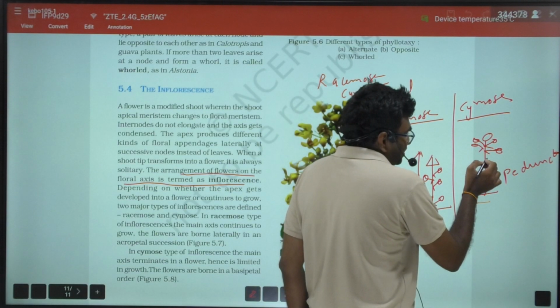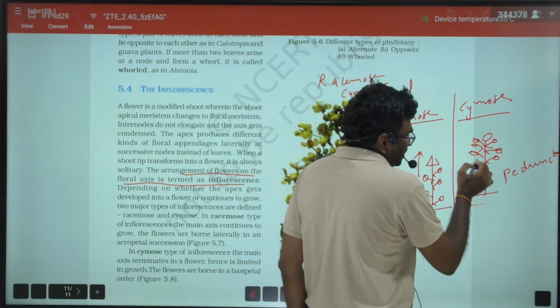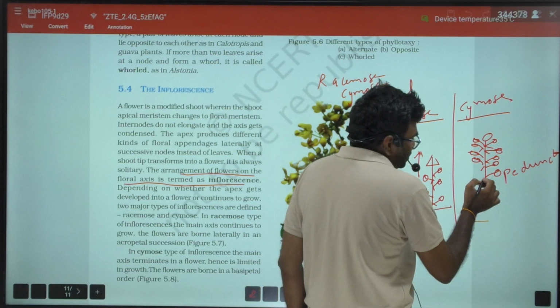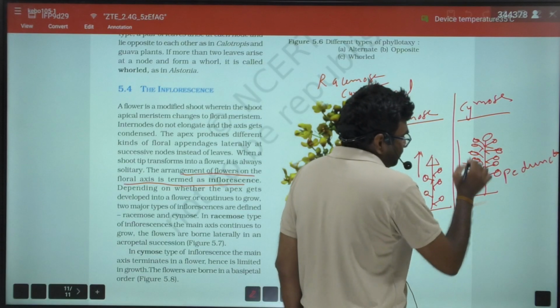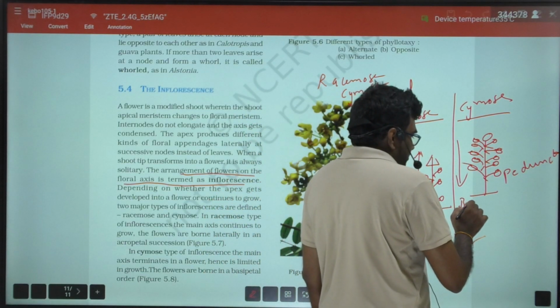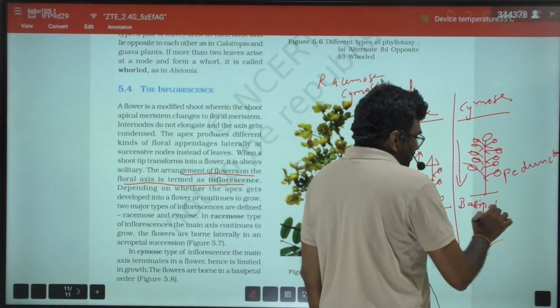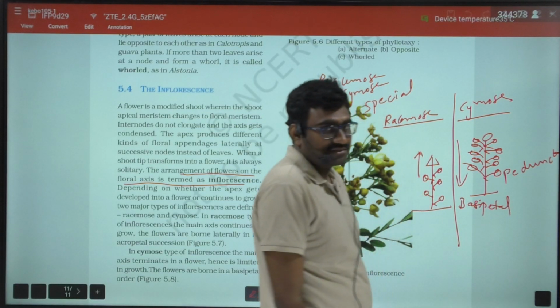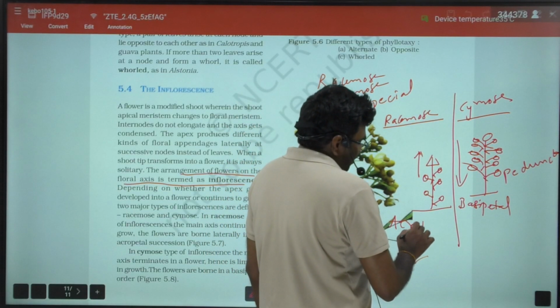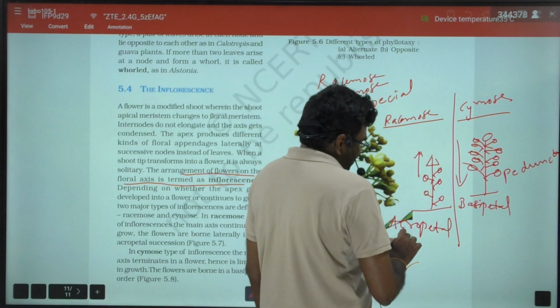That means first the flowers are born at the apical region and then towards the base, apex to base. So it is known as basipetal succession, whereas in racemose it is acropetal order or acropetal succession.